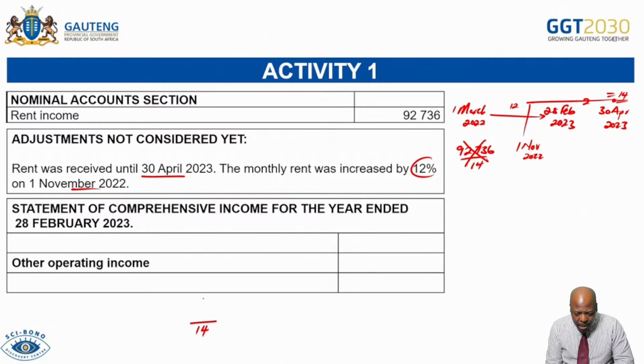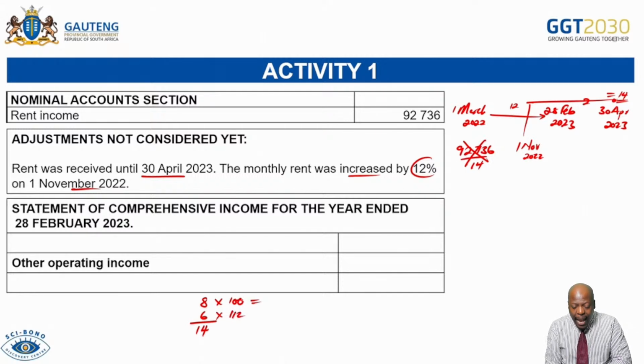So if rent is the same, we consider it to be 100%, because we're told here it then increased by 12%. So for 8 months, it was 100%. And then for the other 6 months, you remember we counted the 6 months. So for the other 6 months, it increased by 12%, to make it 112.